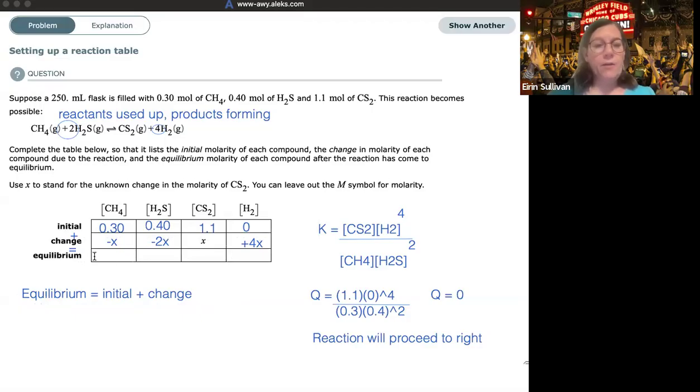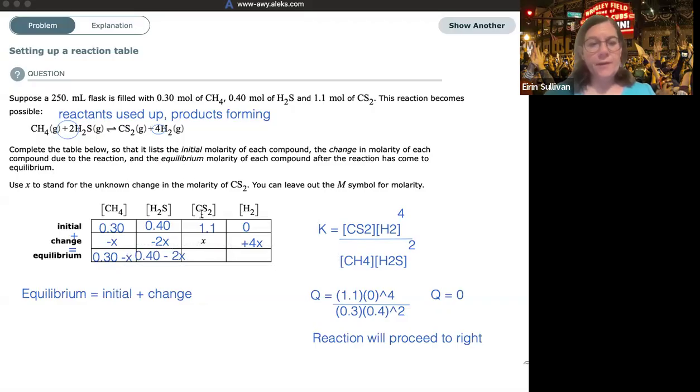So for the methane column, we'll end up with our equilibrium concentration expressed in terms of x of 0.30 minus x, okay? And then for my hydrogen sulfide, 0.4 minus 2x will be my equilibrium concentration in terms of x. I have to make this a little bit smaller to fit in.